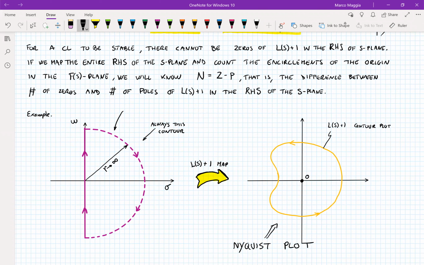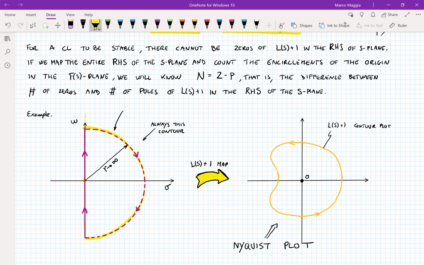This is it. We're going to take this contour. Here it's obviously an infinite contour, but it has to be closed, so it's going to close at infinity. We start from the origin, go all the way up to infinity, and then we come down with a semicircle, and then we come back from minus infinity and close.